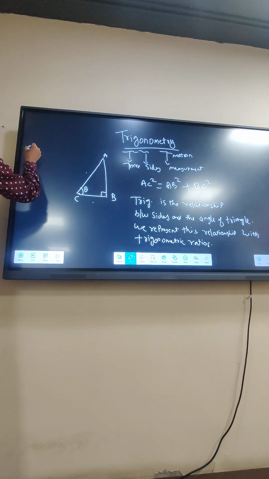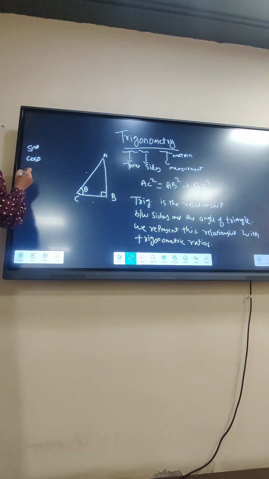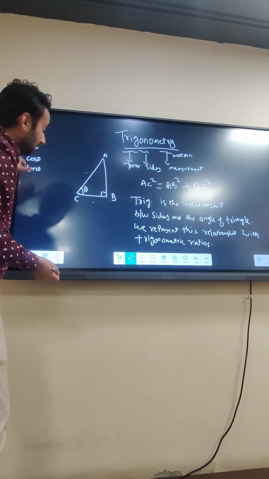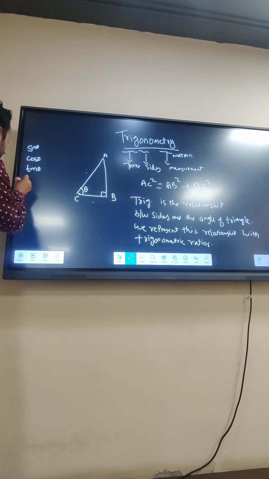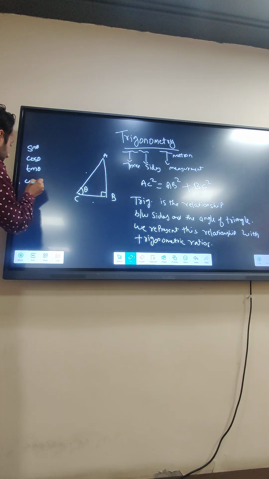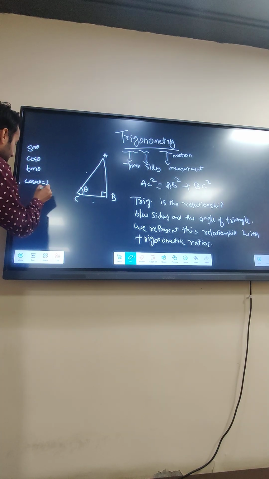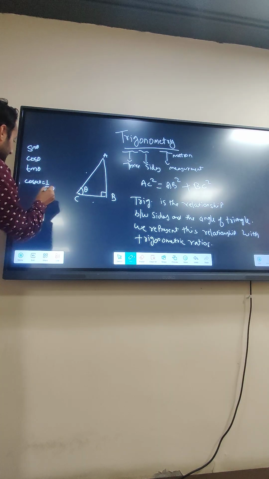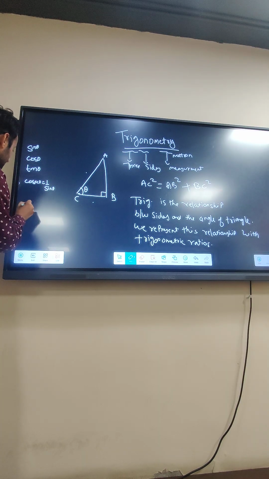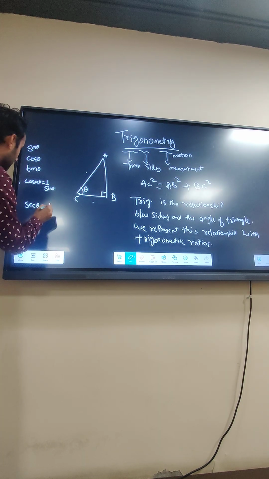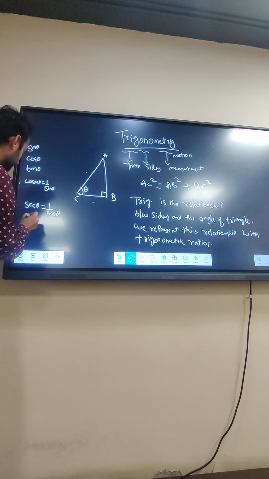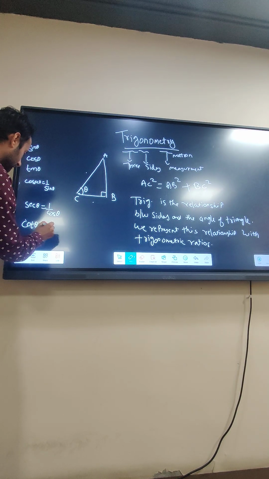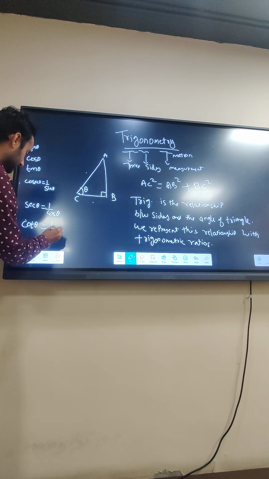For example, this is sin theta, there is cos theta, there is tan theta. The other 3 will be reciprocals of these, right? So cosecant theta will be the reciprocal of sin theta. Secant theta will be the reciprocal of cos theta. Cot theta will be equal to the reciprocal of tan theta.